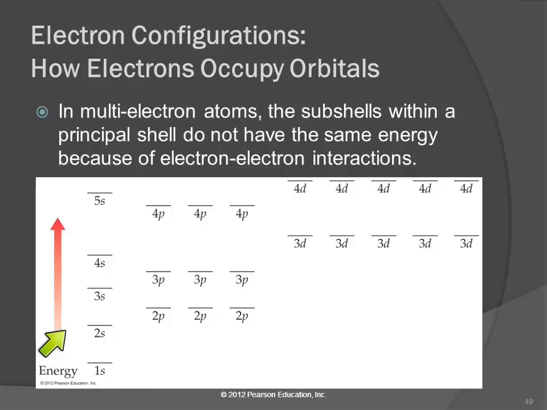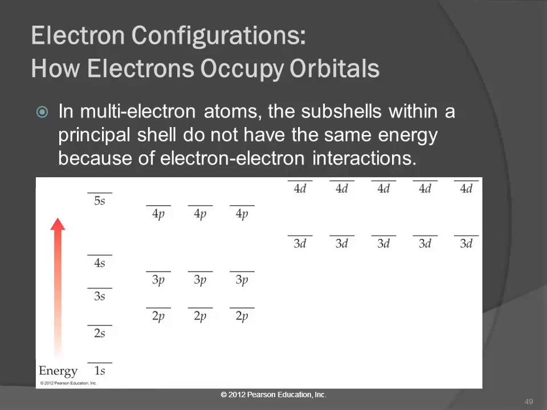The second level, here's the 2s, that has 2 subshells, S and P. The S subshell is a little lower in energy than the P subshell, but both of these are still lower in energy than the 3s. Okay? So this one's going to fill up first, and then this one, and then they're going to go 1, 2, 3. Actually, I'm just going to draw on these.